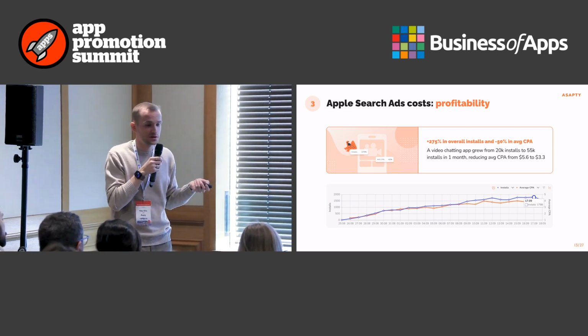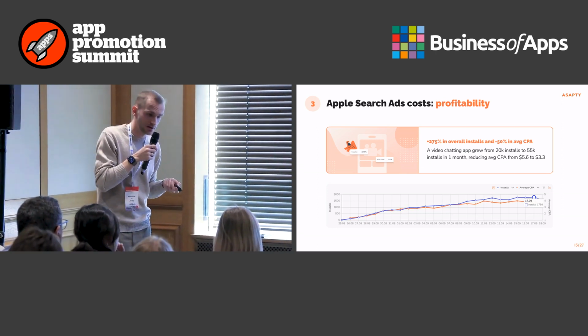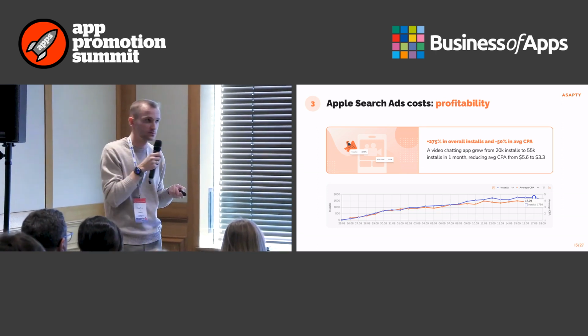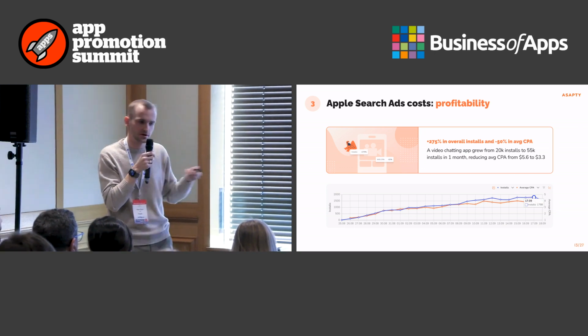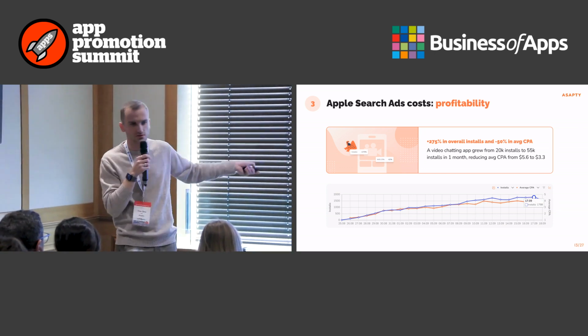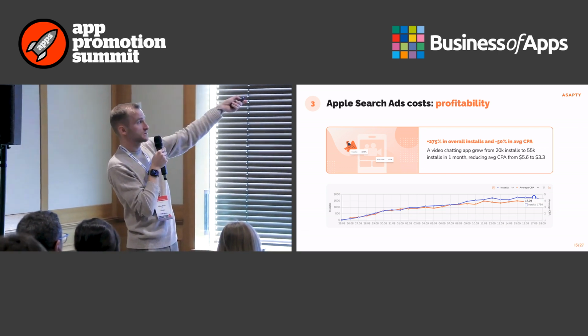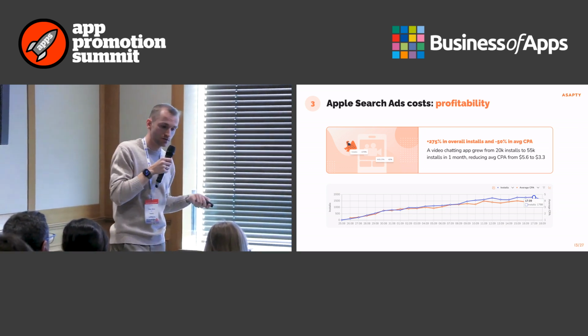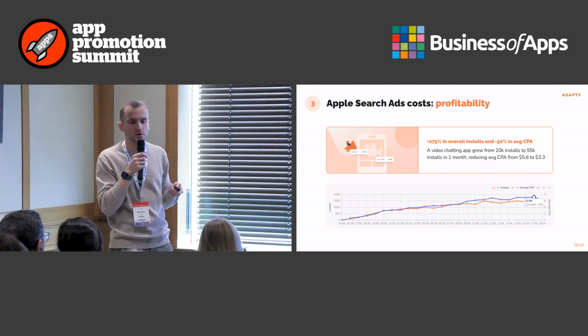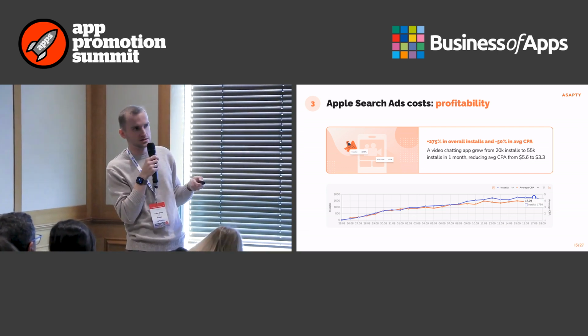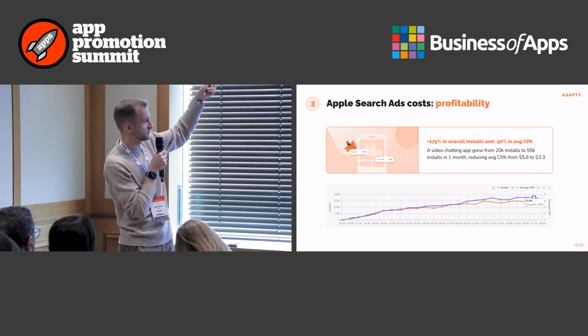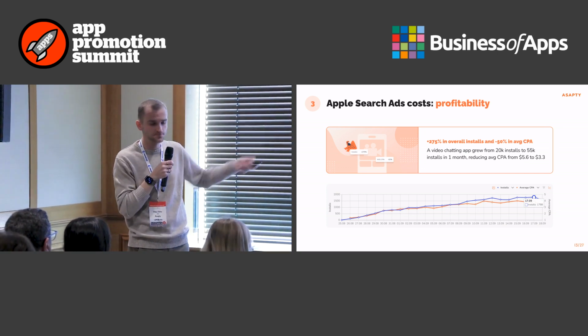It was a great story, a video chat app. Unfortunately, I can't mention the name because they didn't allow us to. Their category is super competitive and they didn't want to say the name, but that's okay. They came to us and told us, we reached the gap. We are not able to have more than 20,000 installs per month, and we are paying $5.5 per install.